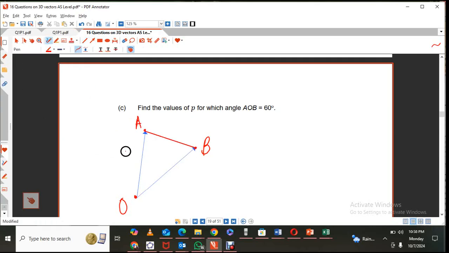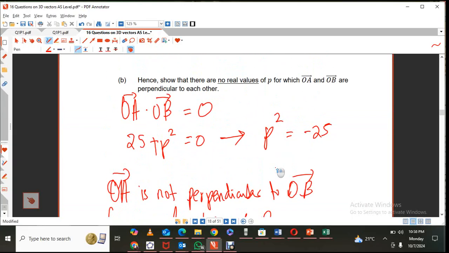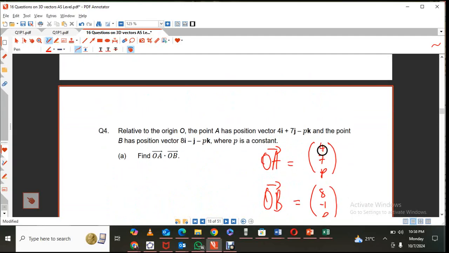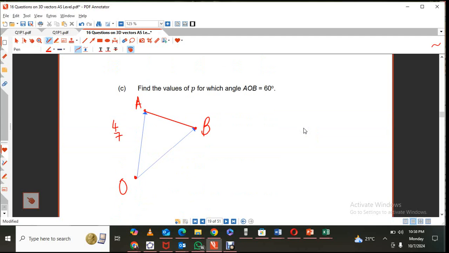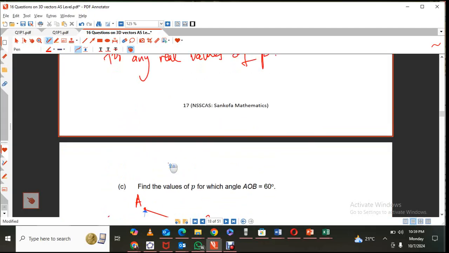So what is OA? OA was nothing but 4, 7, and we can go back to find OA. OA was 4, 7, minus p. What else? OB.